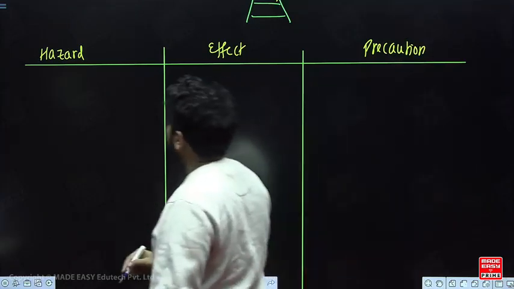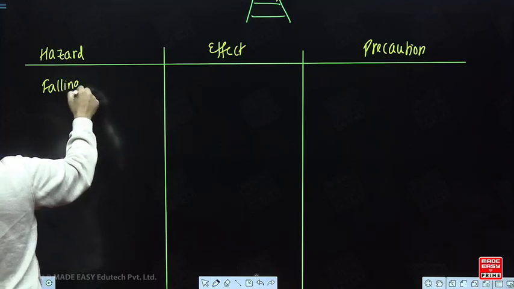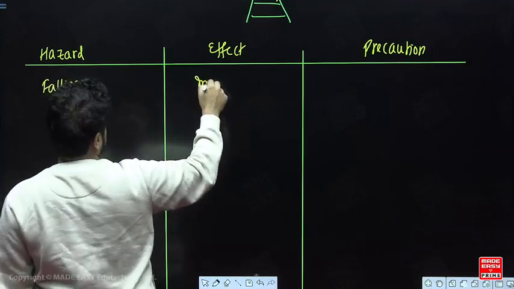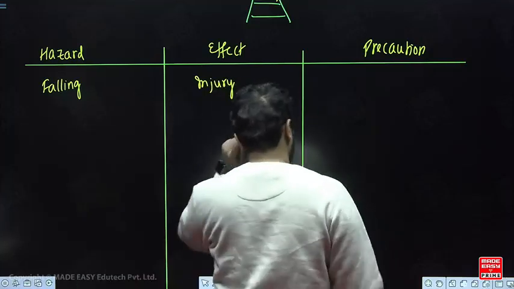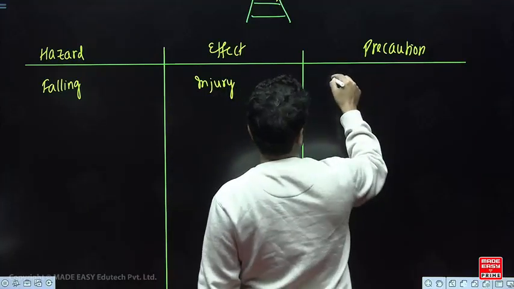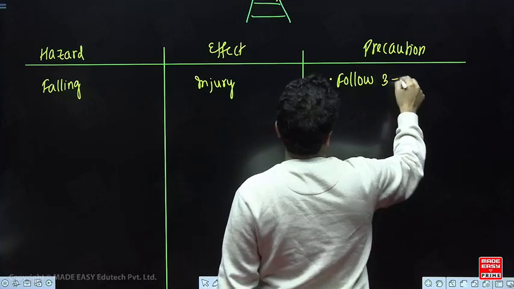Hazard क्या है? गिर सकता आदमी, falling. Effect: injury. Precaution: follow 3-point contact rule.